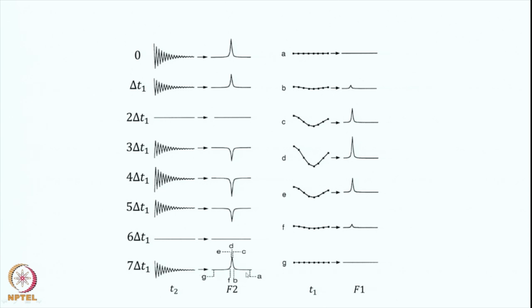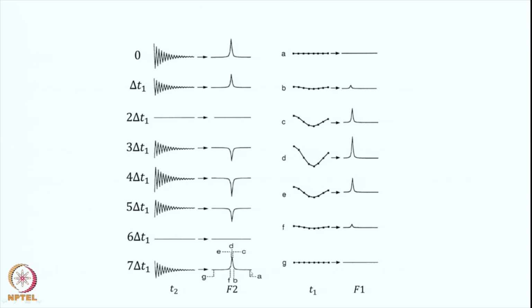So let us say this point is called A, this is the time axis. Now this is the frequency axis here, this frequency axis along F2. After you did a Fourier transformation here, you get the F2 frequency axis, right. This is the transformation along T2, so you got the F2 frequency axis.